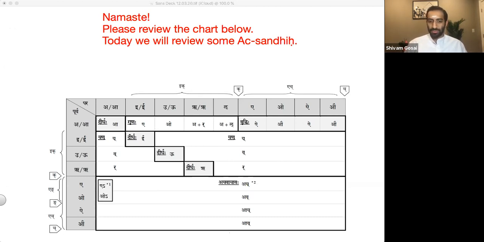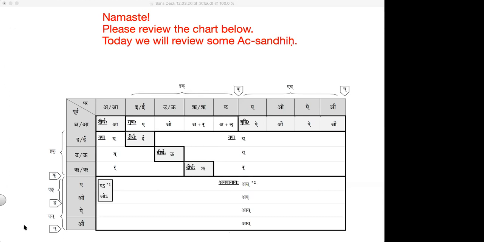So what I'm going to do is I'm going to just shift to the iPad here, and we're going to look at this chart. You can open up your book, the Sandhi book, to the beginning of Sandhi. You can look at that chart. So if you're looking at the chart, where we are right now, we're going to look at first of purvarupa-sandhiḥ.